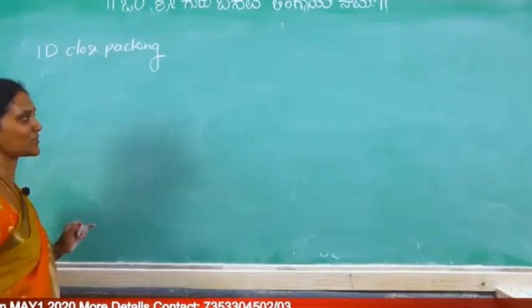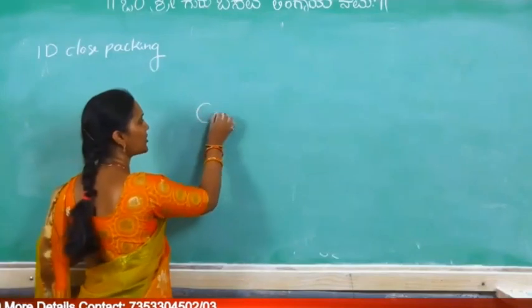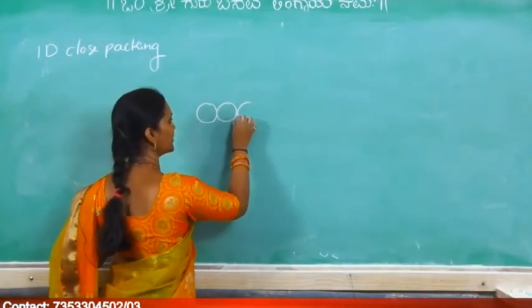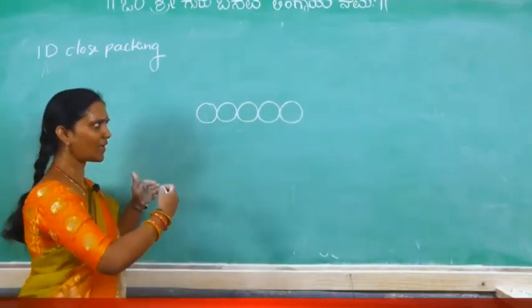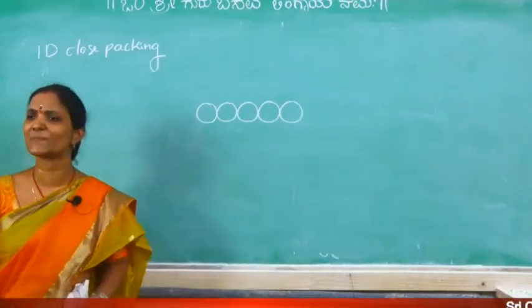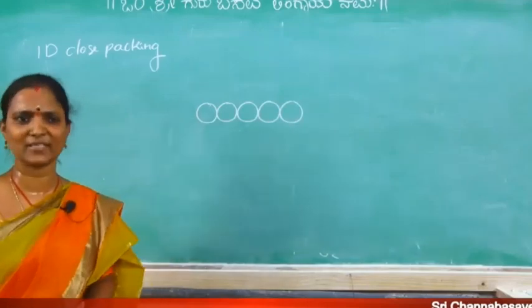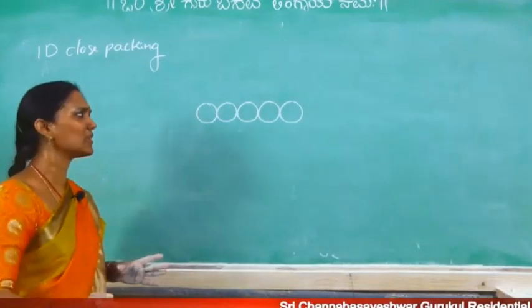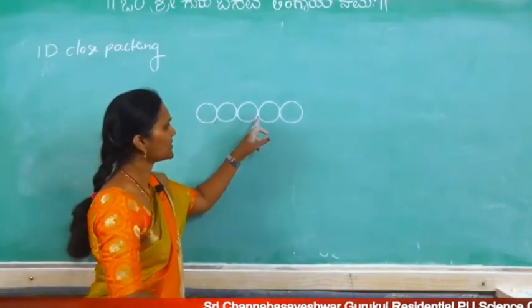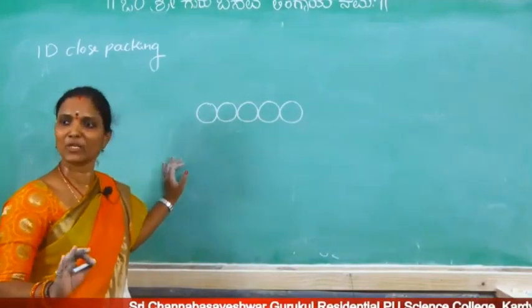So in 1-dimensional close packing, all the particles are closely packed with each other, arranged like this. Maximum solids are in 3D only. So arranged like this, it is a 1-dimensional close packing.